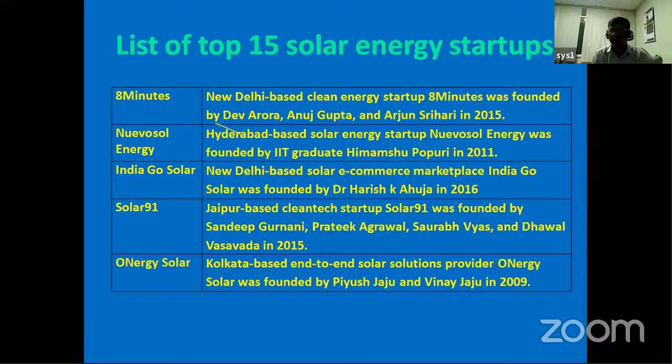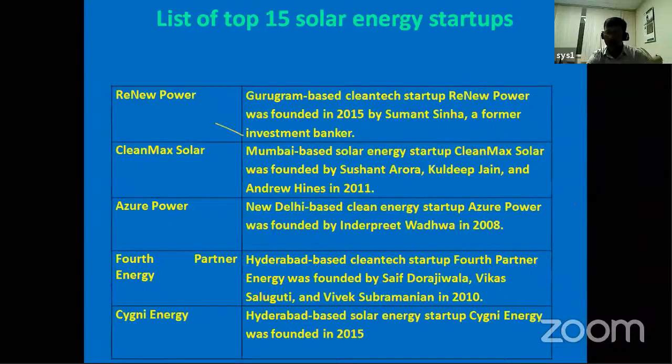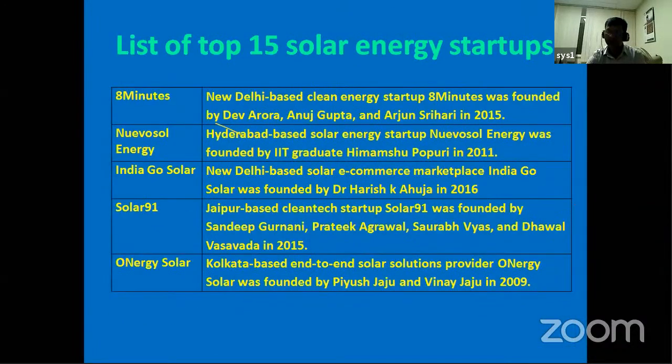See the team, how they made it. This is what you people have to think. These are the list of top 15 solar energy startups I showed you. This is for you, they should be role models for your business idea.